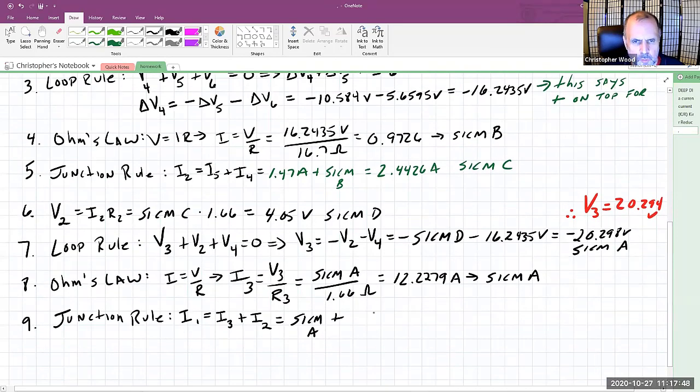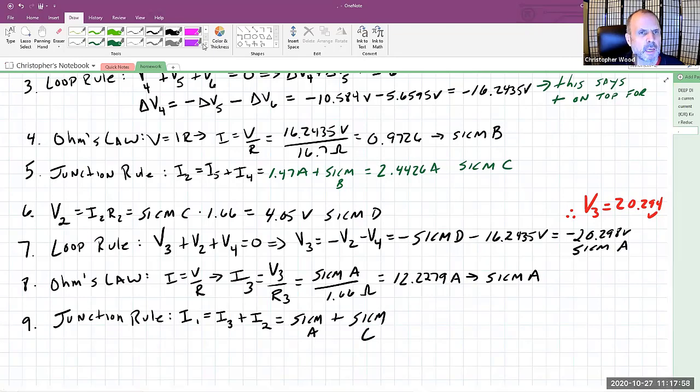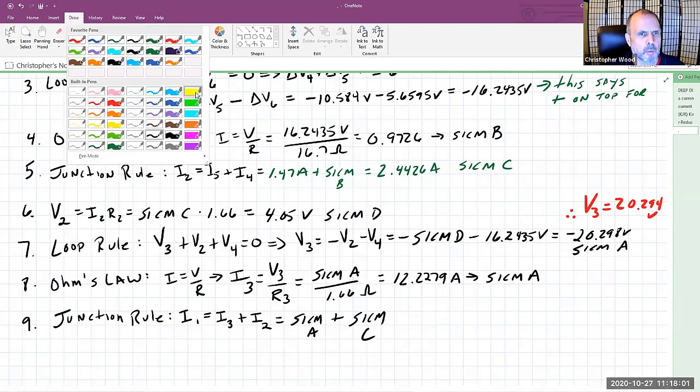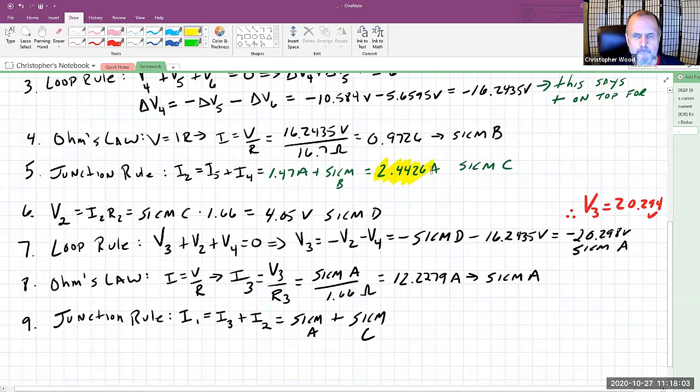All right, plus 2.44. Oh, there it is. It is in C. So I had this sitting in my calculator memory in C, and then I had I3, which we just figured out is sitting here in A. And that's how I get my 14.67 number. Amperes. Okay.